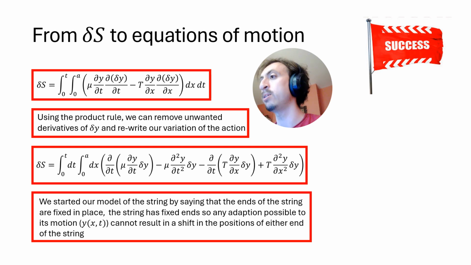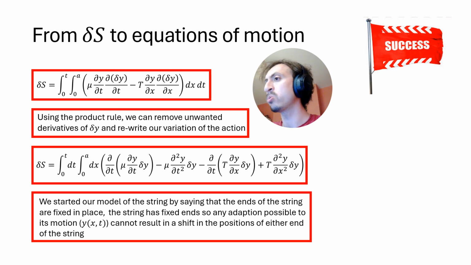And what that means is no matter what physically possible change delta y we apply to our equation of motion, the endpoints will remain fixed. And so this delta y, this shift in the displacement of the string at the endpoints, and only at the endpoints, can be guaranteed to be 0. We've defined this to be true at the very beginning.